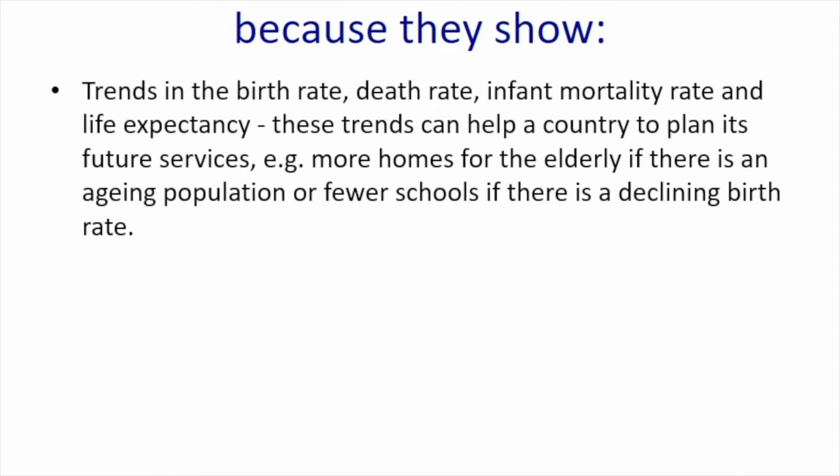For example, in Thailand, the population pyramid is declining. So we can plan for fewer schools in the future, or maybe decrease public spending on schools. But we have a lot of aging population, so we can plan for homes for the elderly in the future.